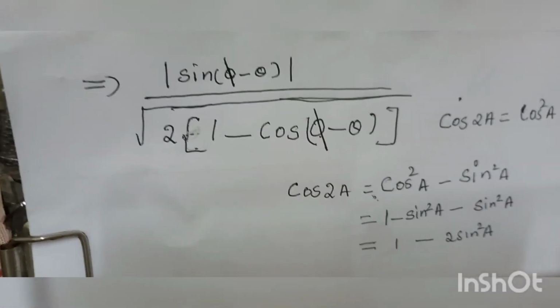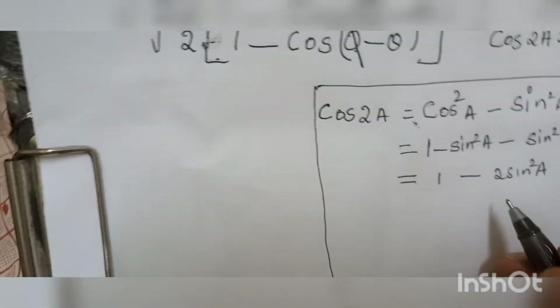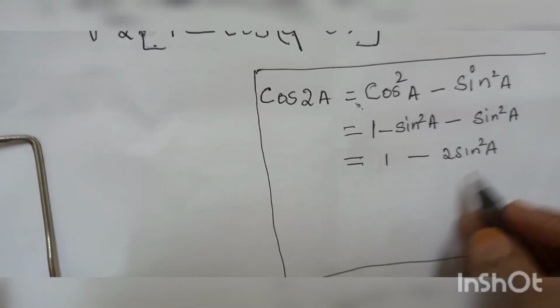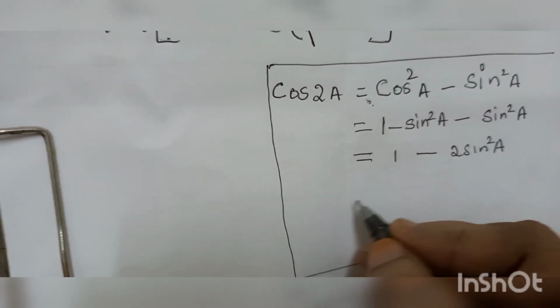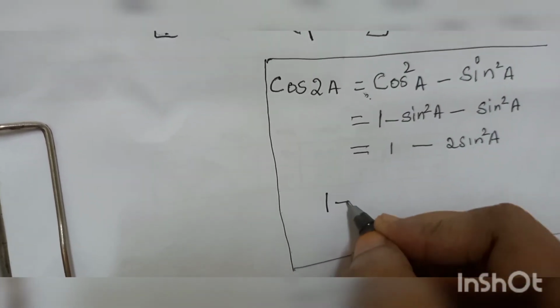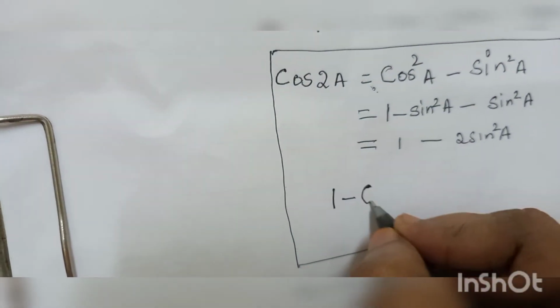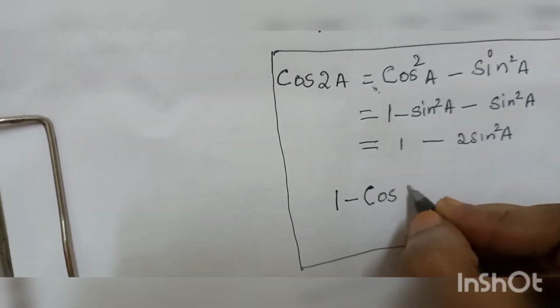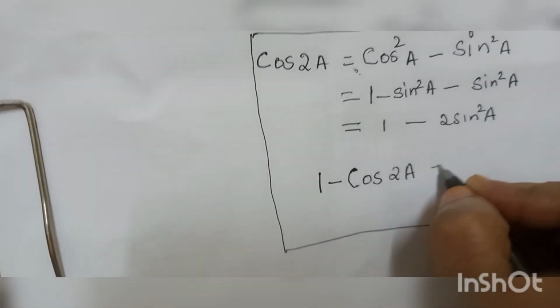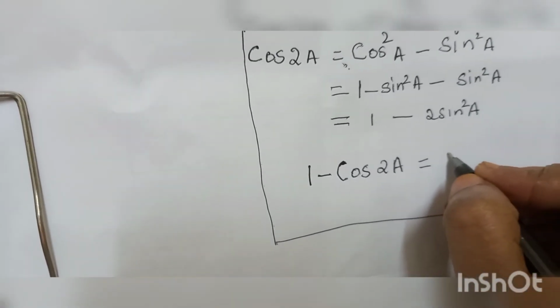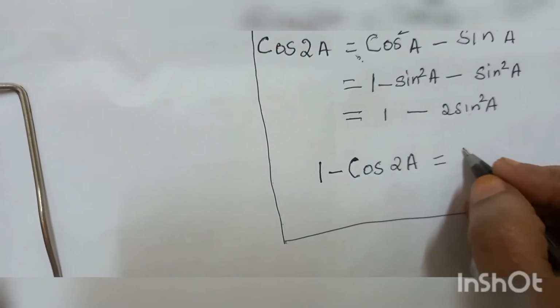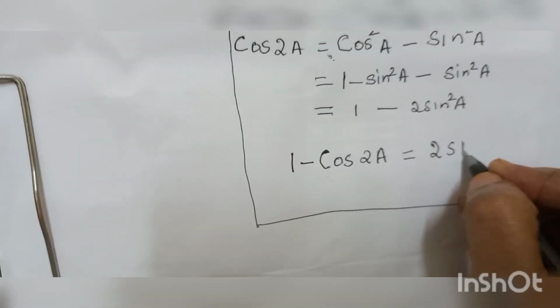So 1 minus cos 2a is equal to, transposing to this side, 2 sin square a.